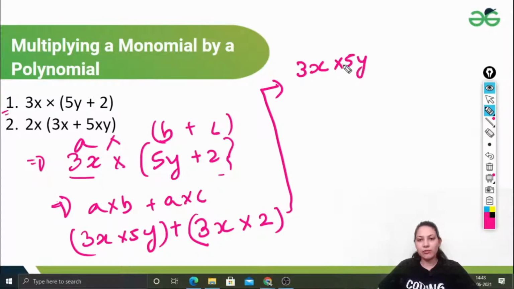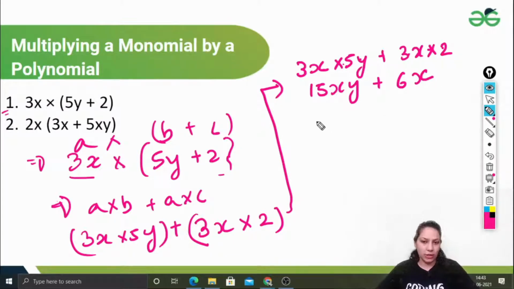So individually 5 3s are 15, x into y is xy, plus 3x into 2. So 3 2s are 6 into x. So it will be like 15xy plus 6x. Okay, let me erase this.